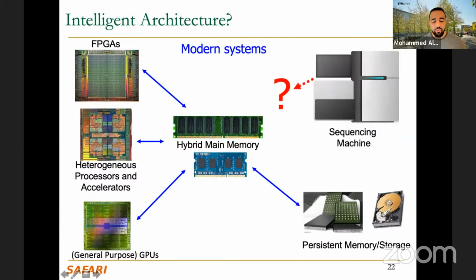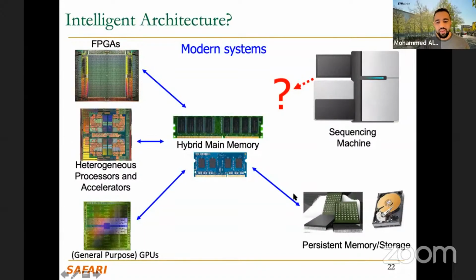Okay, so when we talk about hardware, what is the right hardware to use so that you can have a specialized analysis? This is what we call a sequencer, which provides you the reads or pieces of your DNA. And then whether you want to store it in storage or SSD, and then move it to the main memory, and then find specialized cores, FPGAs, or GPUs, or even heterogeneous processors where you have SIMD cores and so on.